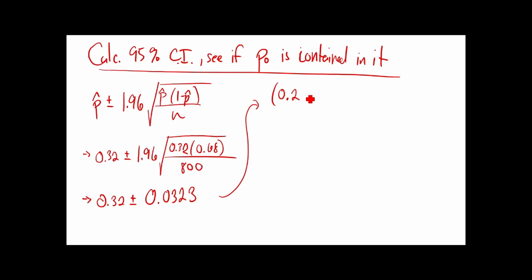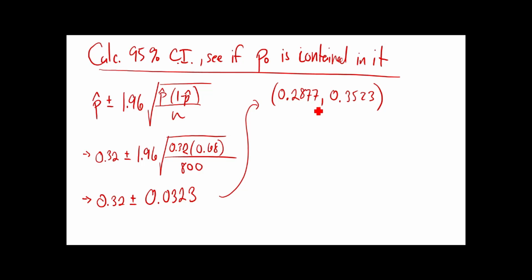So 32% minus that, I think it's going to be 0.2877, up to 0.3523. Yeah. So notice that this is saying we're 95% confident that the true proportion is somewhere in this range.